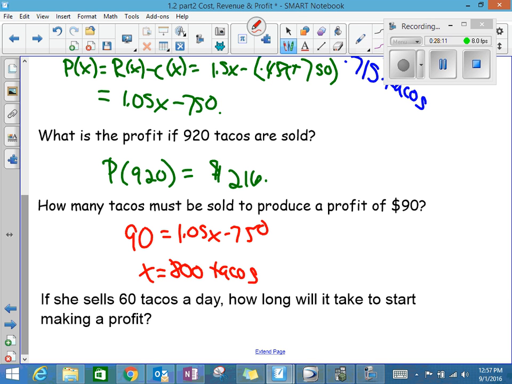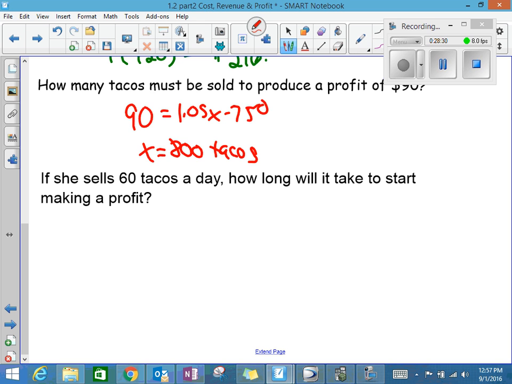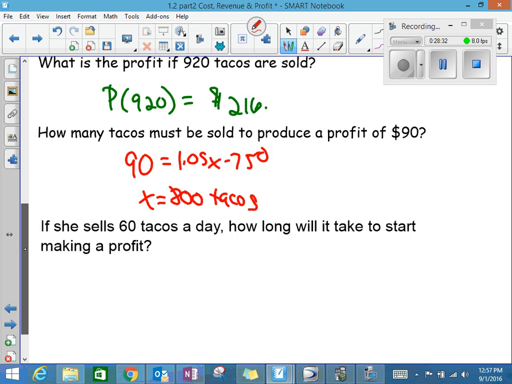Make sense? Okay, so the last one, if she sells 60 tacos a day, how long will it take her to start making a profit? Alexis, how did you do that? I just took the 715 I got and divided it by 60.